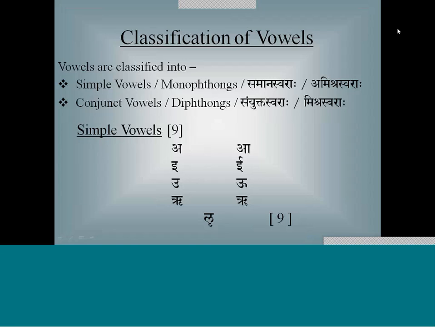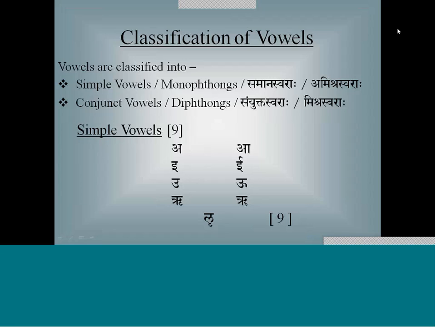So A, E, U, R and L, these five are short vowels. A, E, U, R, these four are long vowels. I sent the PDF file to WhatsApp, so you can take a printout of it and practice, if you don't know the Devanagari script. So these are the 9 simple vowels.